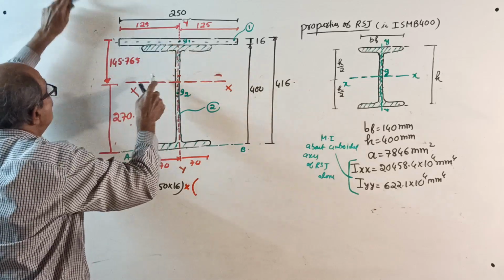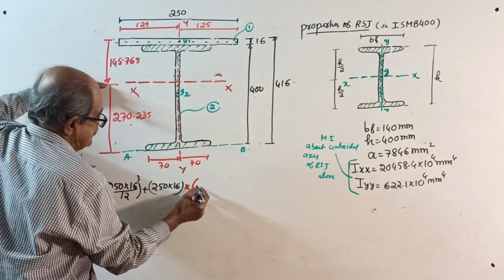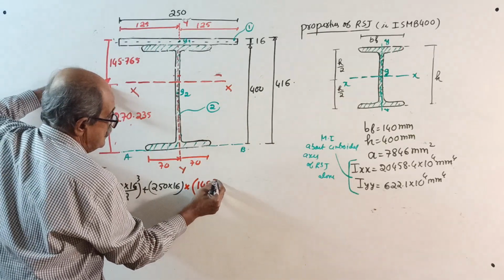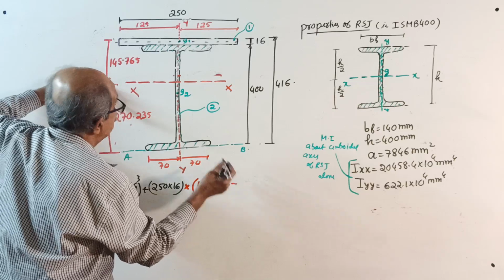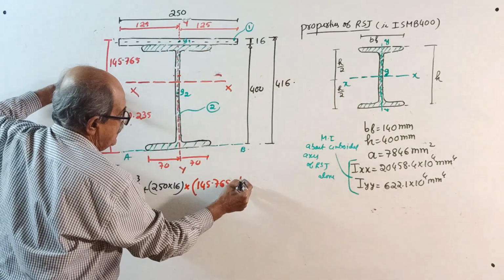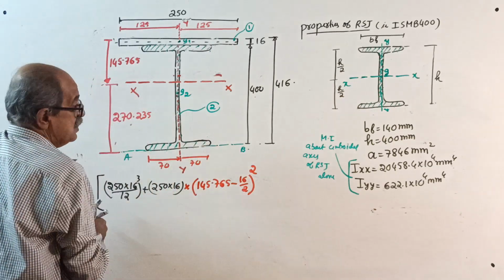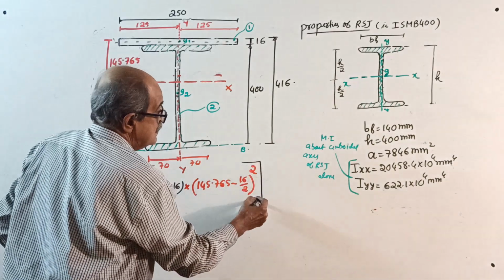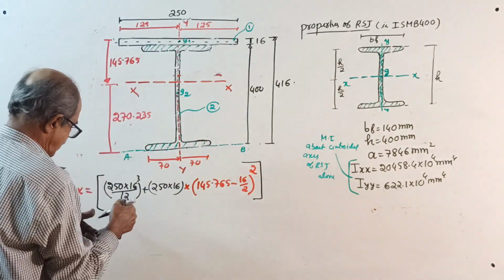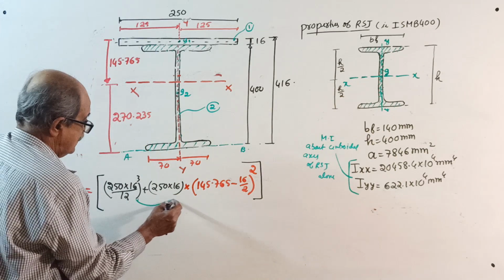This distance is 145.765 minus half of 16, whole square. Close it. This is for 1. Make a note here.